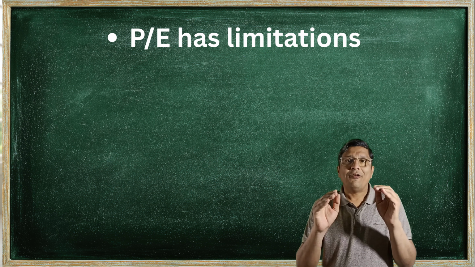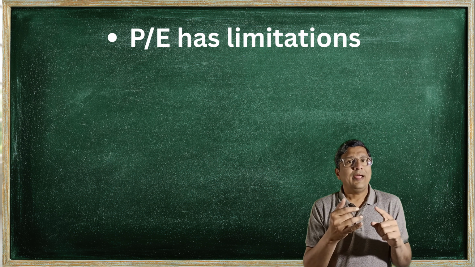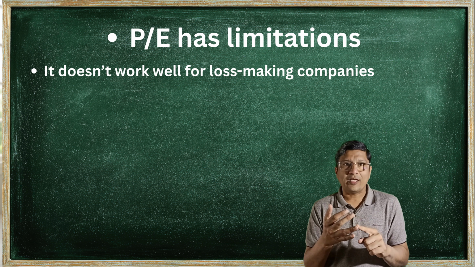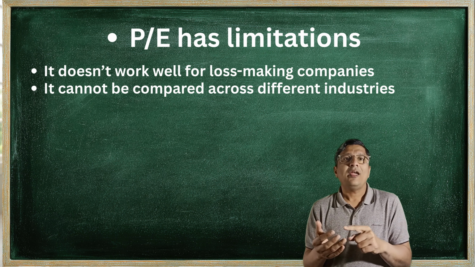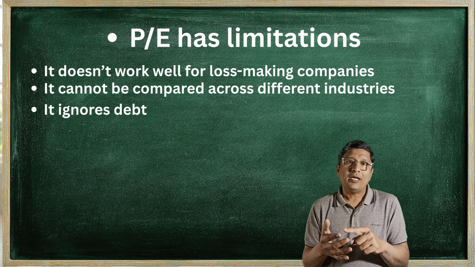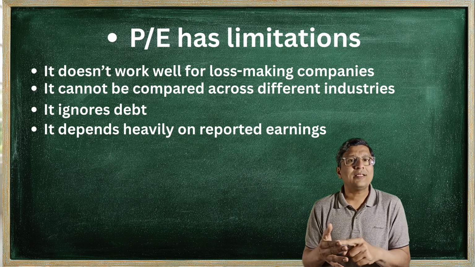Now pause here for a second. This part is critical. Like every financial metric, PE has limitations. Very important to understand. It doesn't work well for loss-making companies. It cannot be compared across different industries. It ignores debt. It depends heavily on reported earnings.